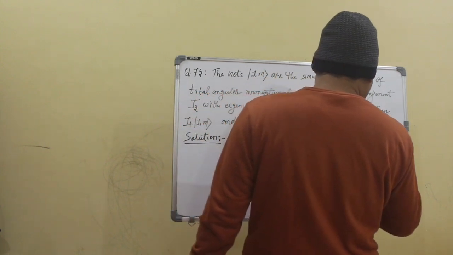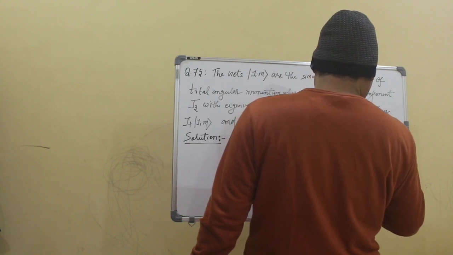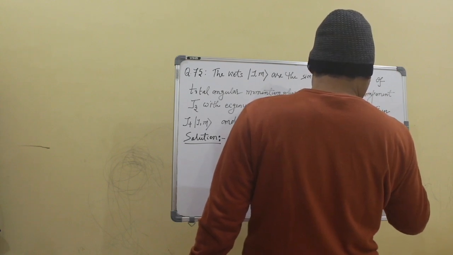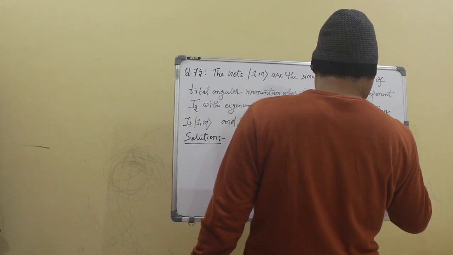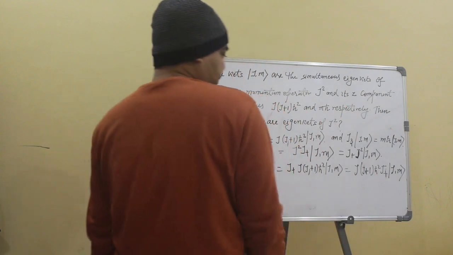It means that you are left with j(j+1)ħ² into J plus |j, m>, right?